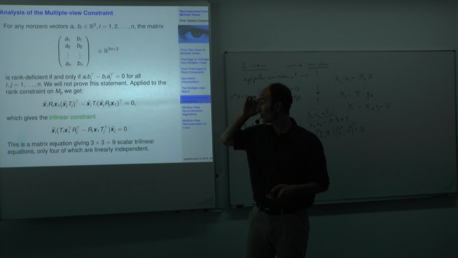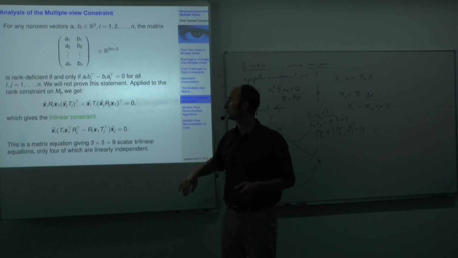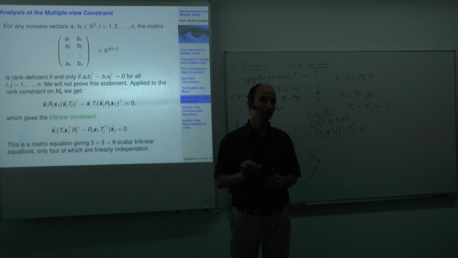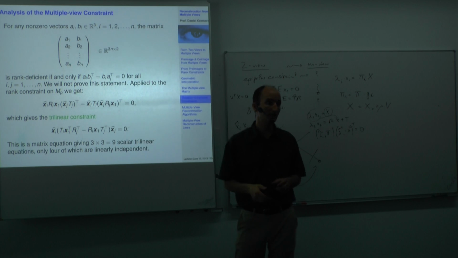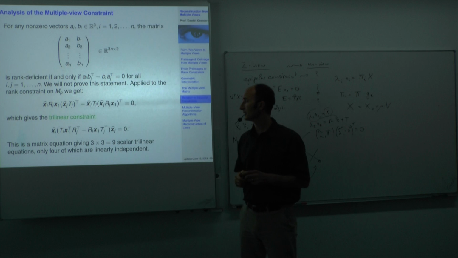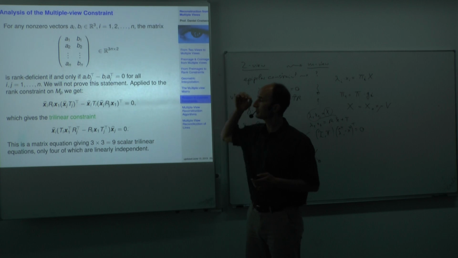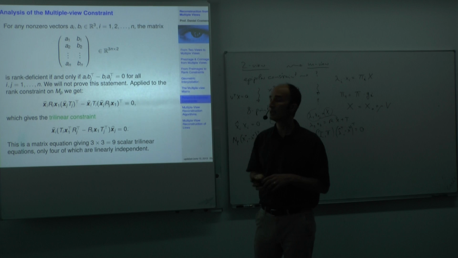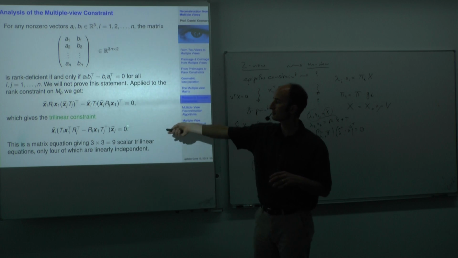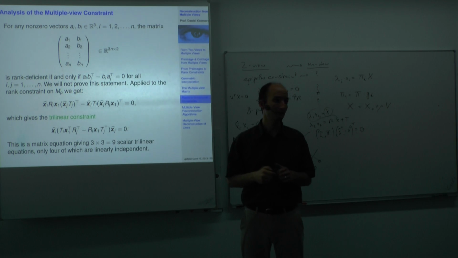And so we get 4 linearly independent equations for triples of images, where we consider image 1, image i, and image j for all i, j. That is interesting, and it's a non-trivial result that we don't need to consider quadruples of images and constraints among 4 images. It turns out that constraints among 3 images are sufficient.